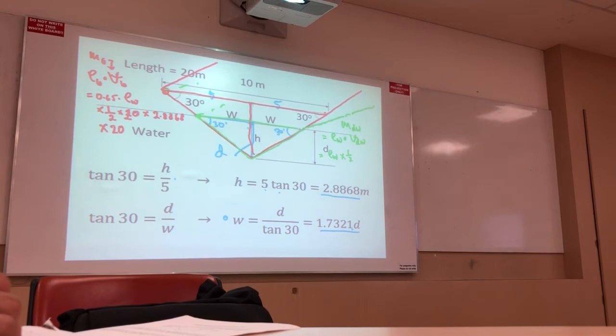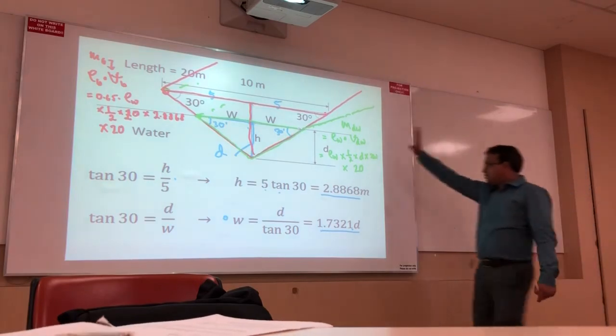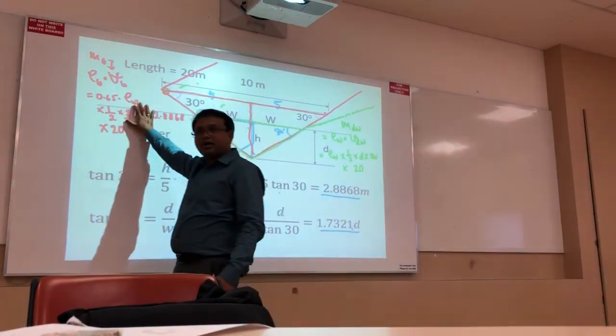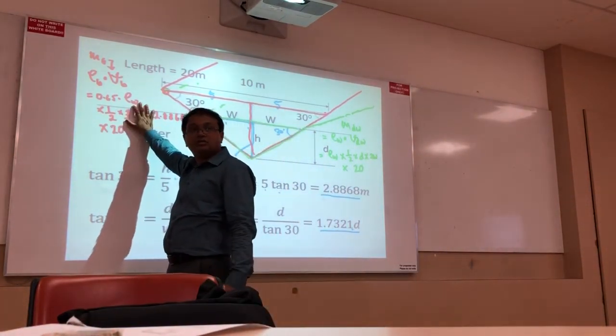Half, right? Times D times 2W, correct? Times 20. Am I right? So this equation is equivalent to this number, by Archimedes' law.